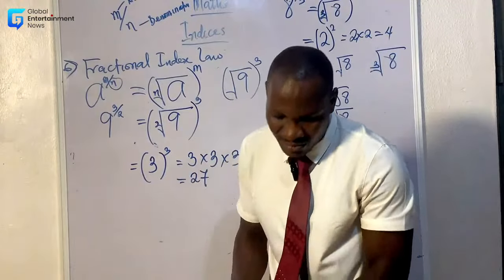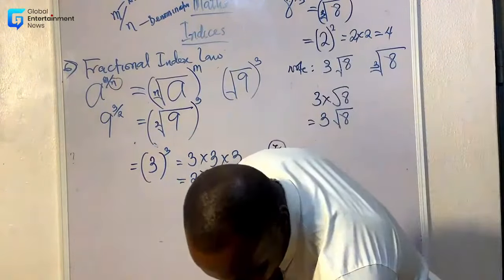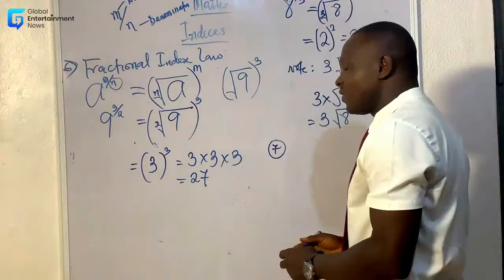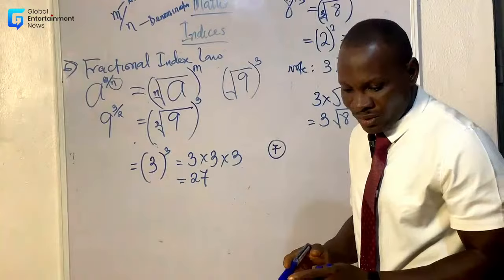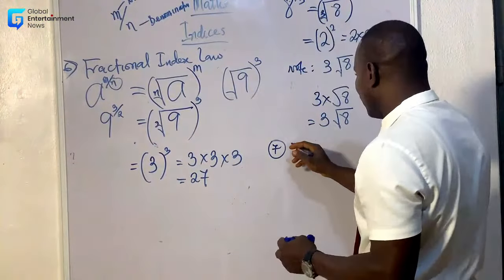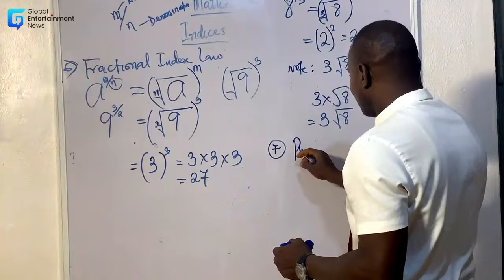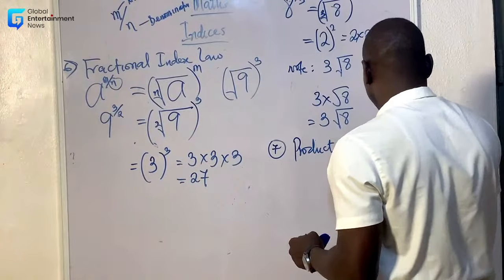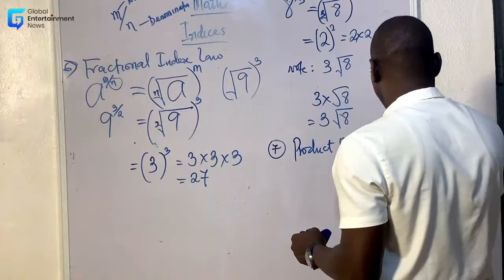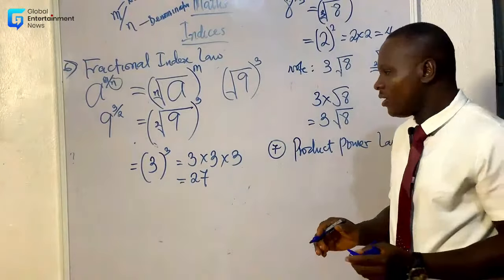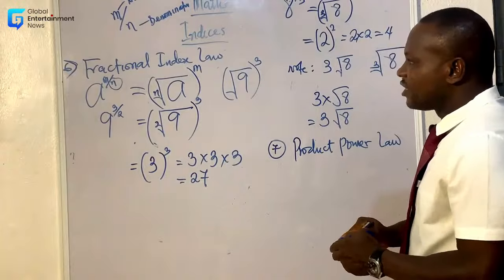The product power rule is different from the power rule. This one is the product power rule, or product power law. When we talk about the product power law, that means the base is not one.